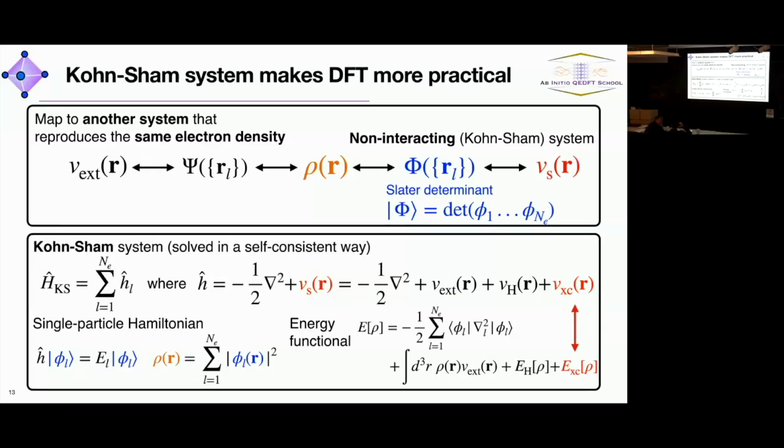You can always get more out. Yes, that's correct, because we assume it's a non-interacting system. For the non-interacting system, we can use a Slater determinant. And it's interesting.